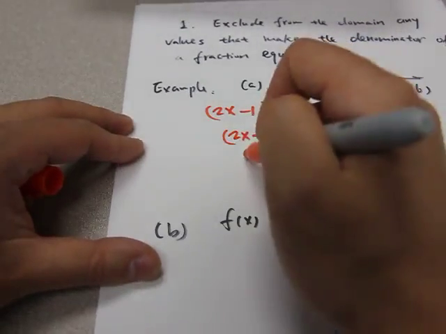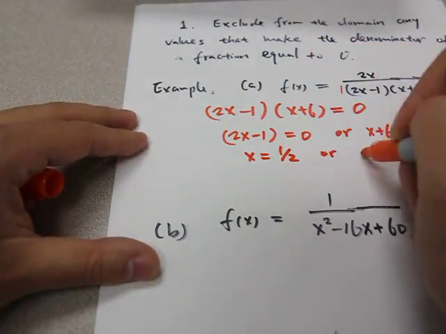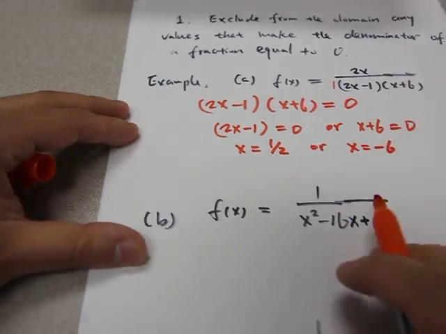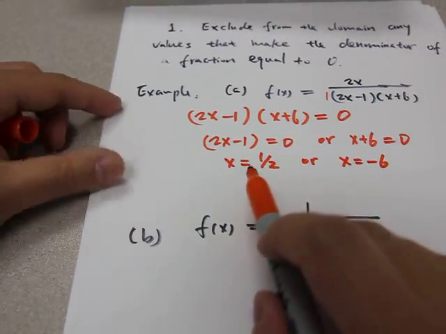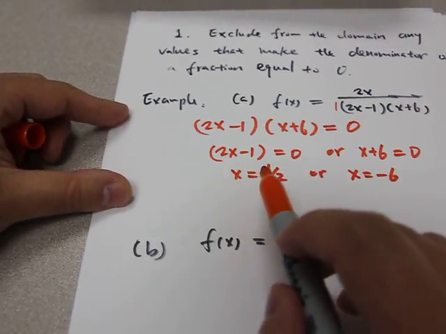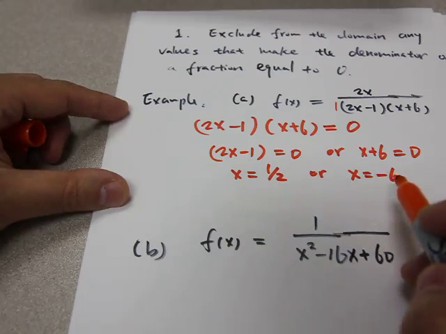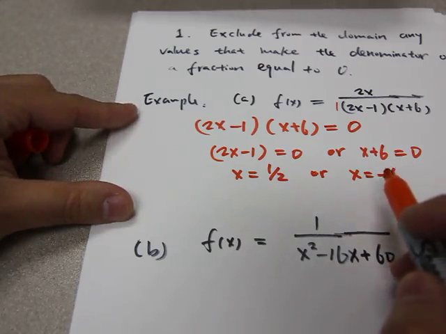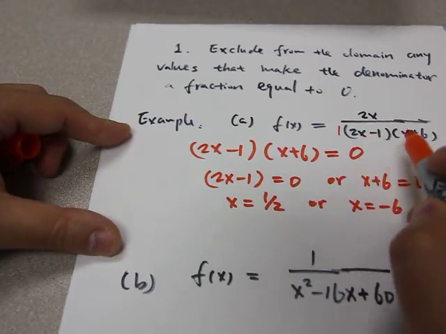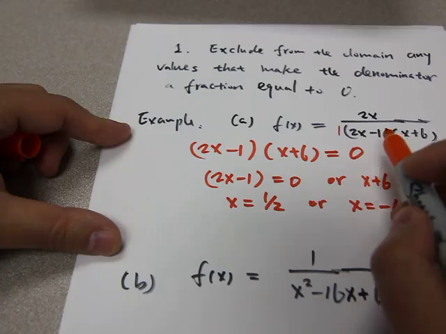So therefore, the solution is 1/2 or negative 6. Then this means if our inputs are 1/2 or negative 6, our input will make the denominator of this function to be 0.